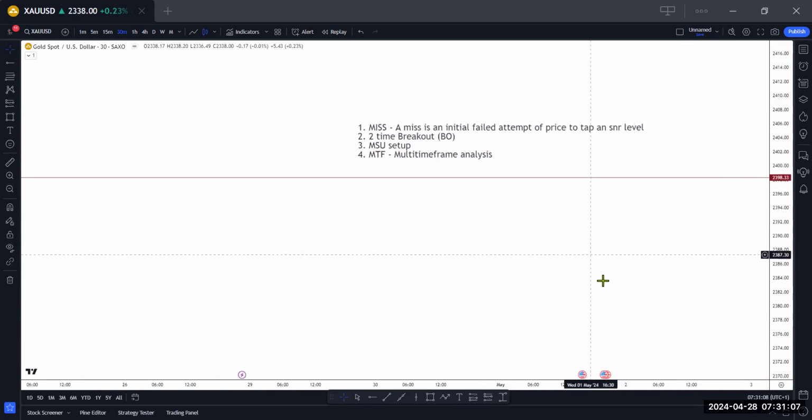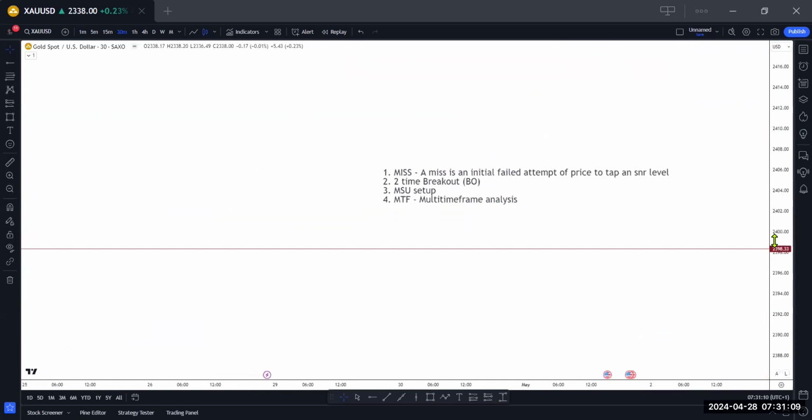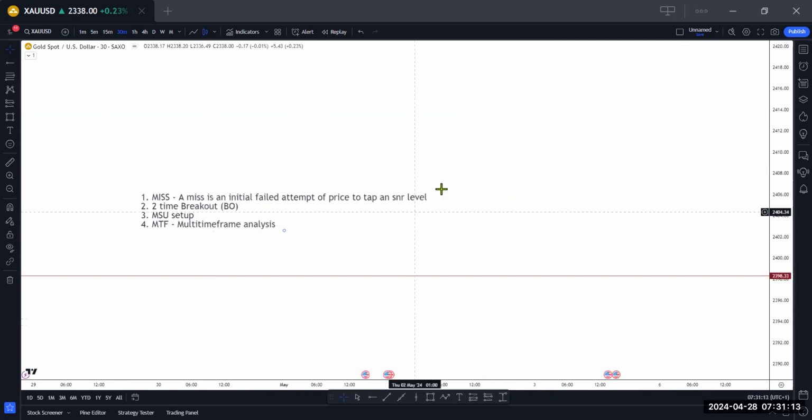Okay, so another idea to validate an SNR level is the MSU setup.